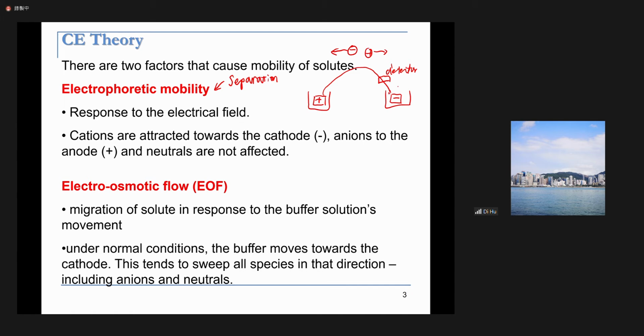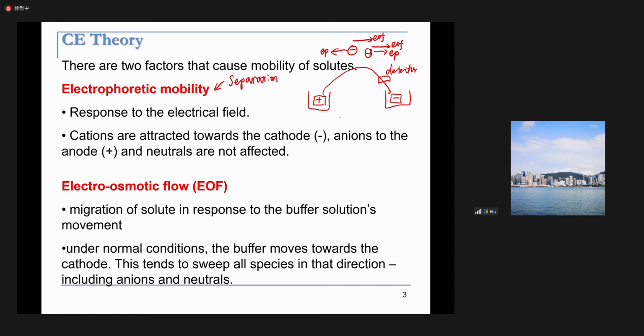So for everything, even though the EP for the cation is to the cathode and the EP for the anion is to the anode, they all have an EOF, okay? And their EOF is the same. So the cation has an EOF, and the anion has an EOF.